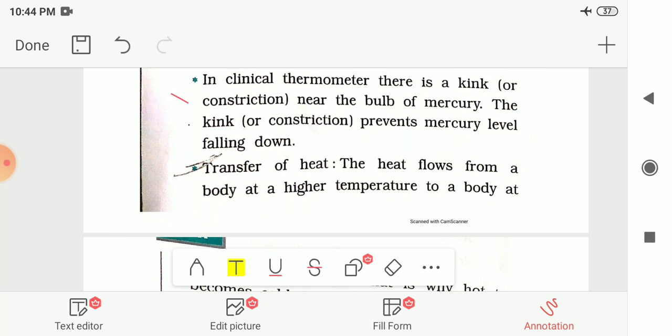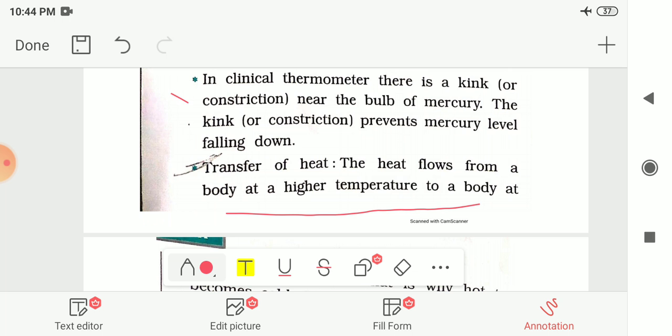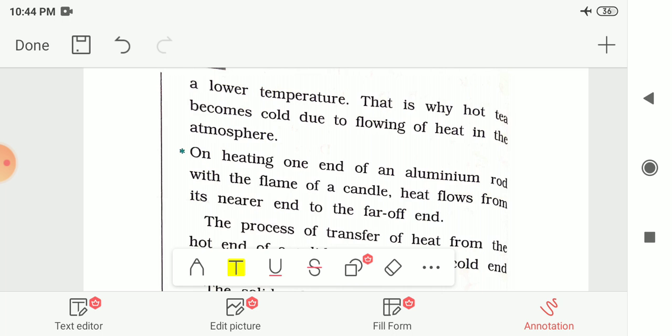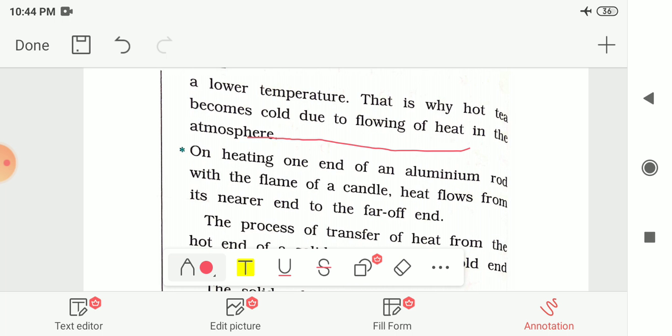Then we had seen what transfer of heat is and the different modes of transfer of heat. Heat flows from a body at a higher temperature to a body at a lower temperature, and that is why hot tea becomes cold due to the flow of heat from the tea to the atmosphere.